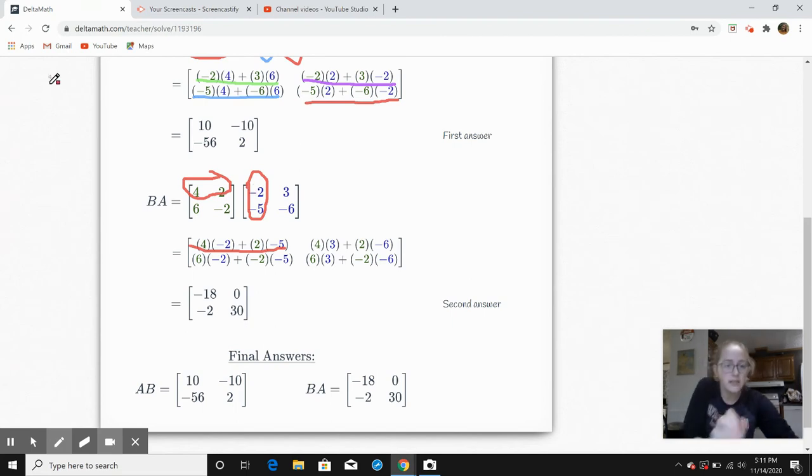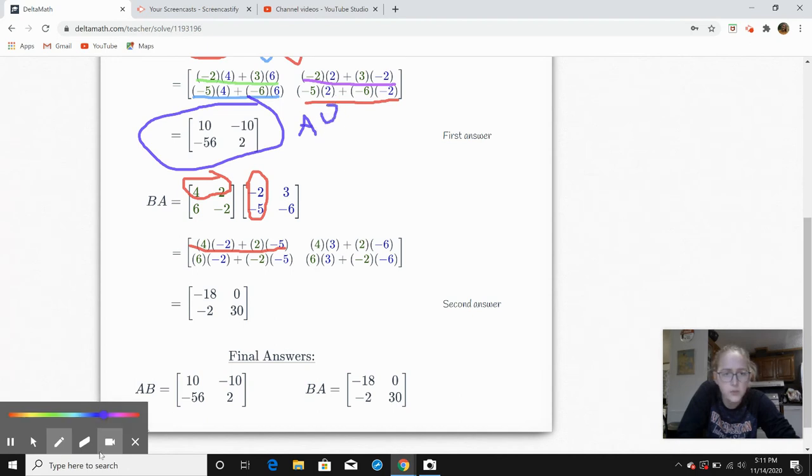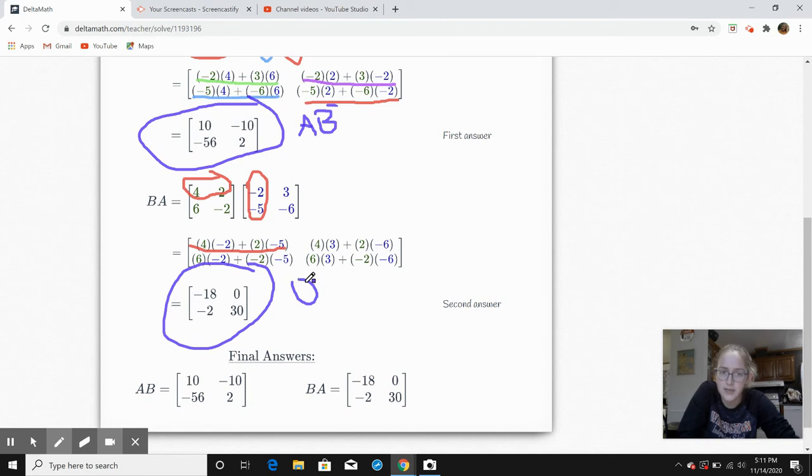But as you can see, this answer for AB is not the same as this answer for BA. So take some time, copy that down in your notes, and try to get it through your brain that multiplication of matrices is not commutative. I recommend you pause here to get this written down.